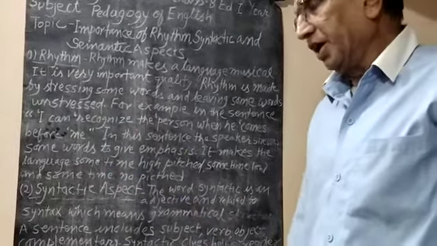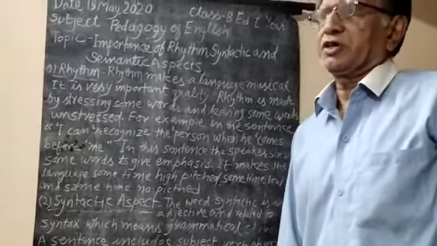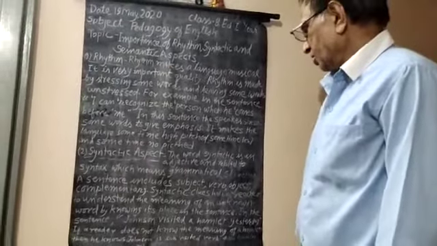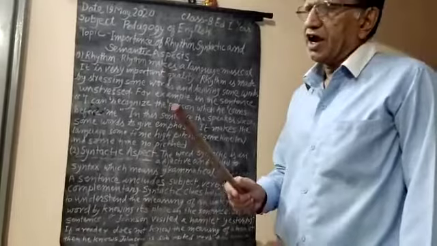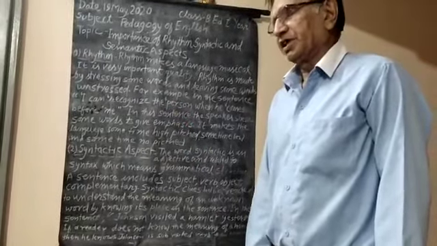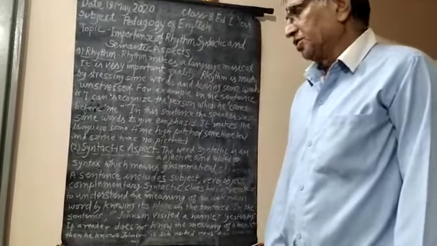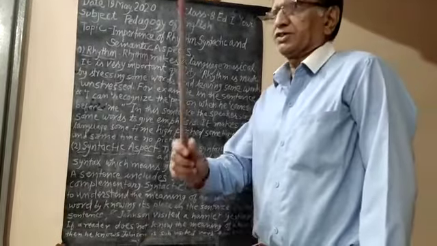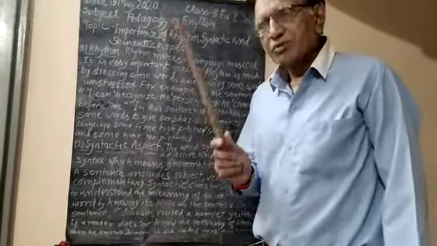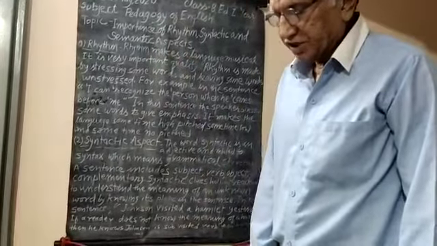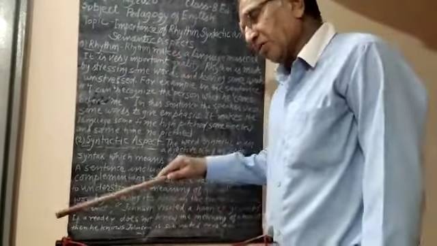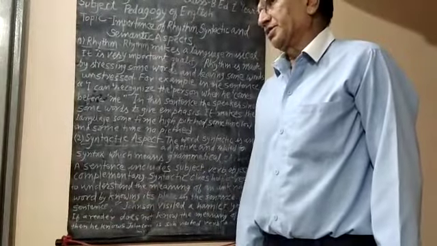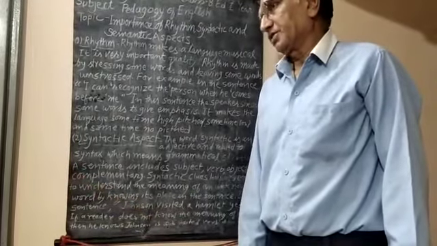Second quality, syntactic aspect. What is syntactic aspect? Syntactic is an adjective. This is related to the word syntax. And the meaning of syntax is, syntax is the structure of a sentence. Grammatical structure of a sentence, that is called syntax.